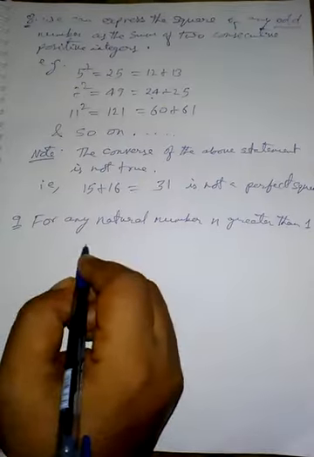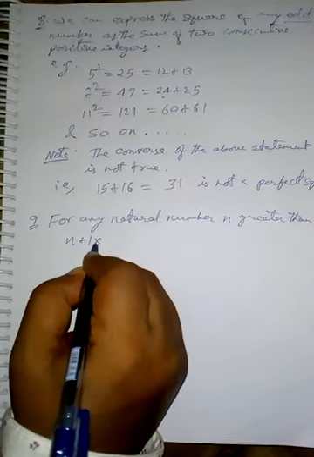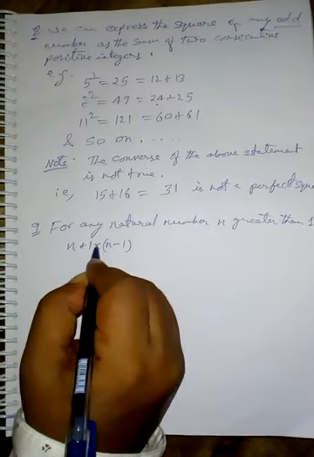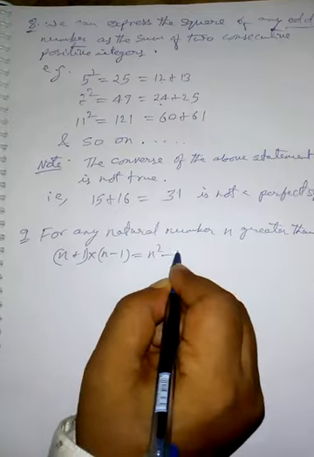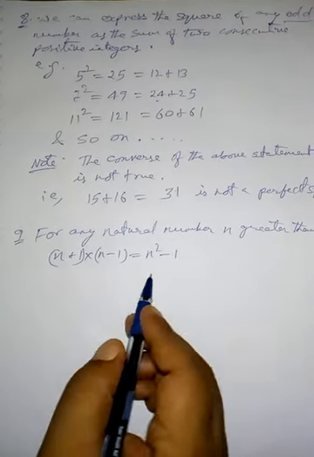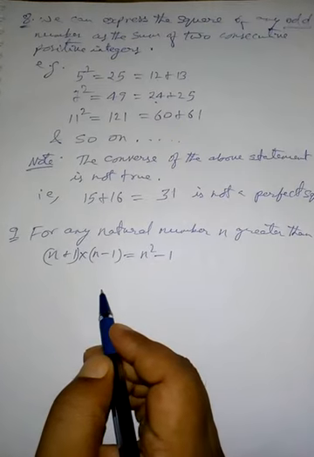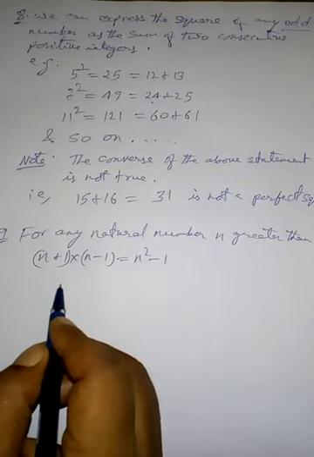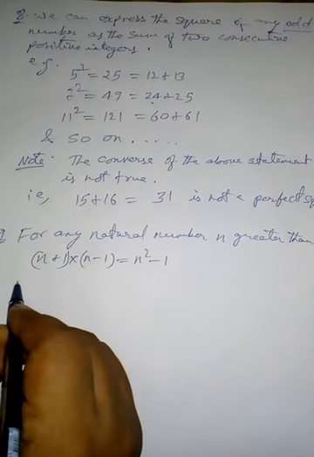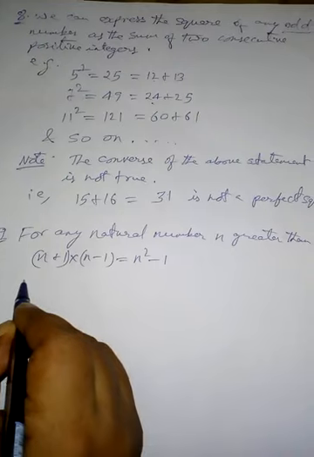For any natural number n greater than 1, (n plus 1) into (n minus 1) will be equal to n square minus 1. That is the identity we know: (a minus b) into (a plus b) equals a square minus b square. The same thing is being applied here. Using this property, we can find the product of two consecutive even or odd natural numbers.